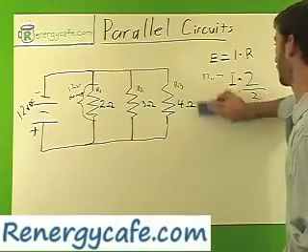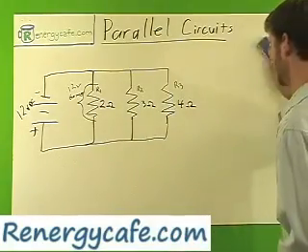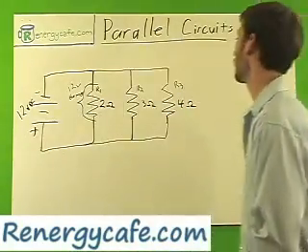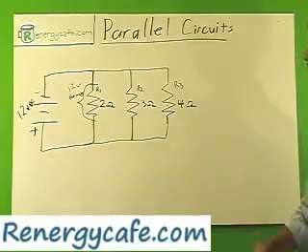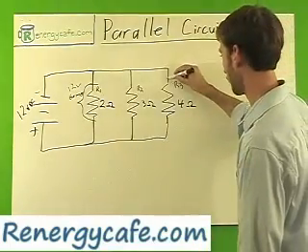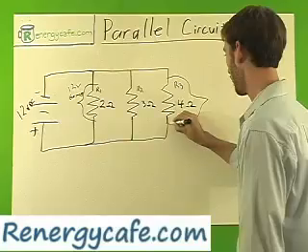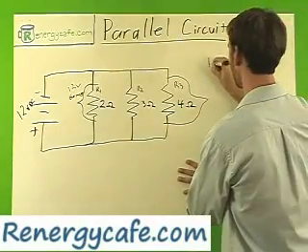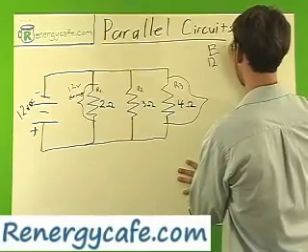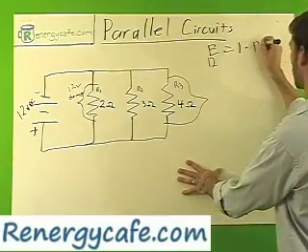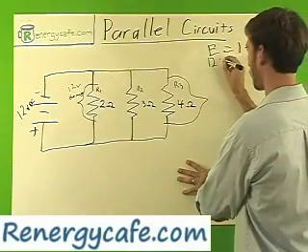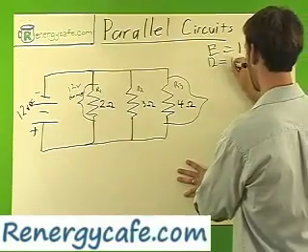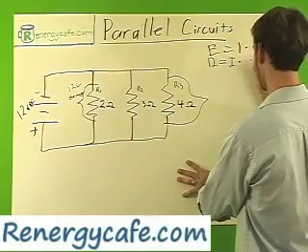Let's move on to the next one. And let's go all the way out here to R3. What we want to figure out is across this point right here, knowing that the voltage is 12. Put our formula up there. 12 volts equals I times 4 ohms.